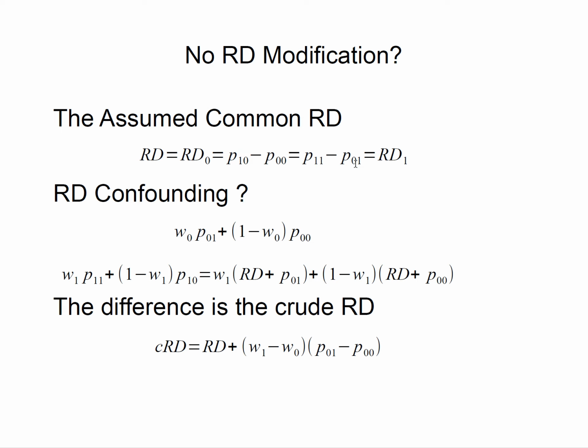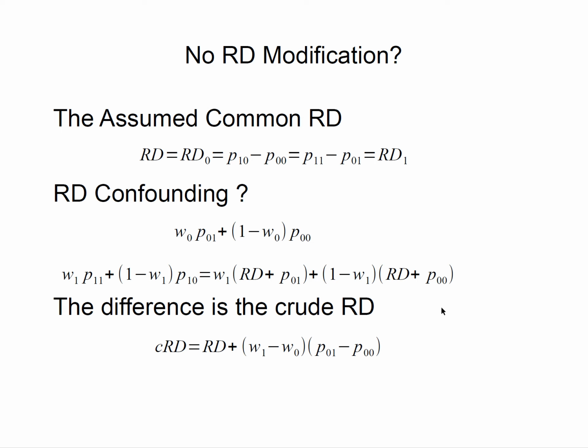Now, just for a sense of grounding, the crude risk difference would be the difference between this weighted sum and this weighted sum. That is the crude. If we do a little bit of algebra, we see that the crude risk difference is the assumed common risk difference plus the product of the difference between the two weights and the difference between the probabilities, that is, in strata 1 minus strata 0 for those unexposed.